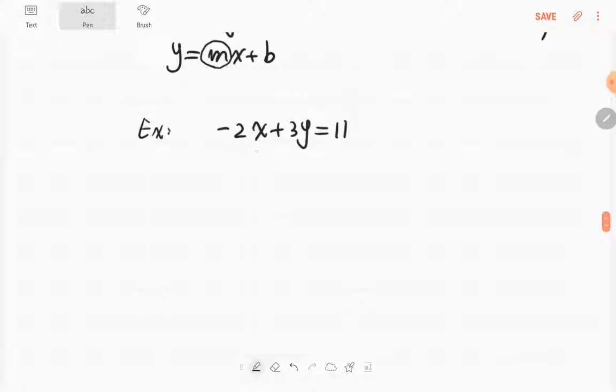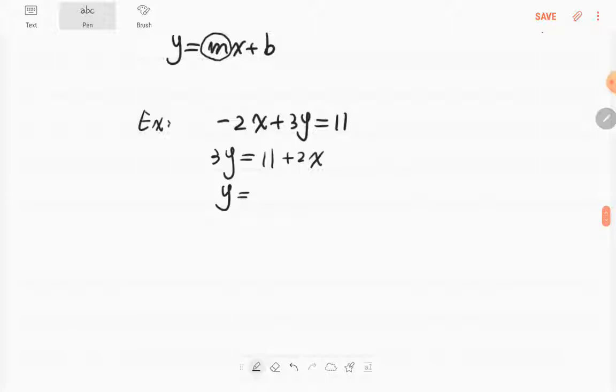So this time we want to solve for y. How can we solve for y? We put y on one side and x on the other side. Then we divide both sides by 3 to get 11 over 3 plus x.